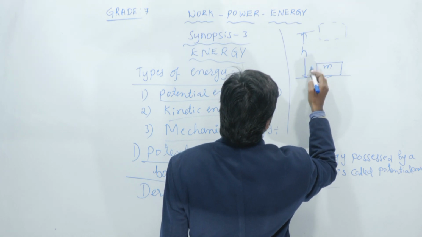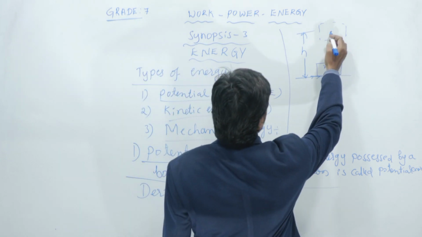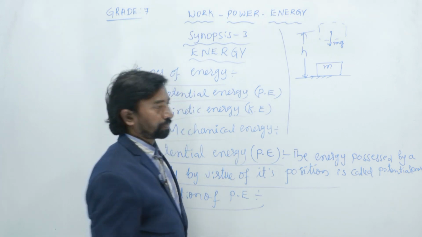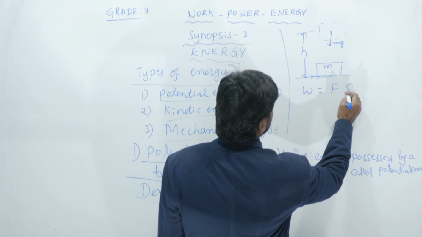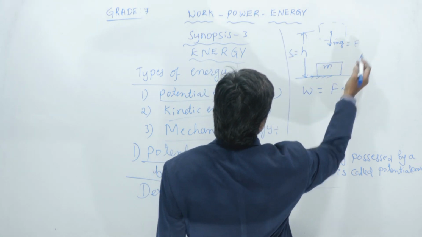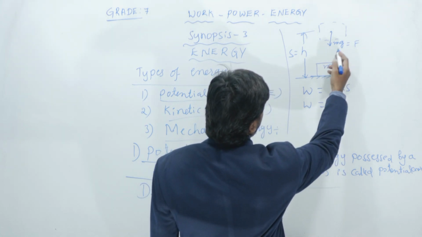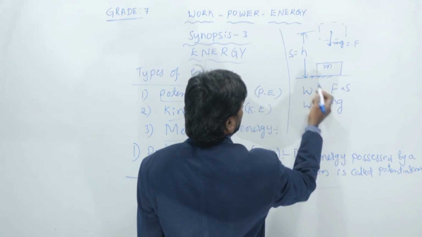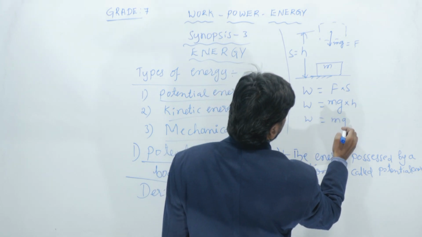When it is lifted, its weight always acts in the downward direction, and the displacement is h. Now we know work done W is equal to force into displacement, W equals F into s. Here F is nothing but mg and the displacement is h. So W is equal to mgh.